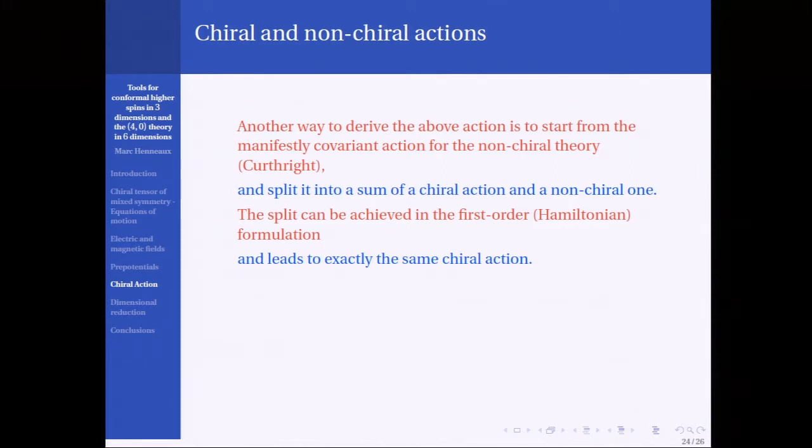But if you write the Poincaré charge of the non-chiral theory in terms of the Hamiltonian variables, you will see that they split into a sum of Poincaré charges for the chiral piece and Poincaré charge for the non-chiral piece, so you can drop the non-chiral piece and get exactly the action that I wrote.